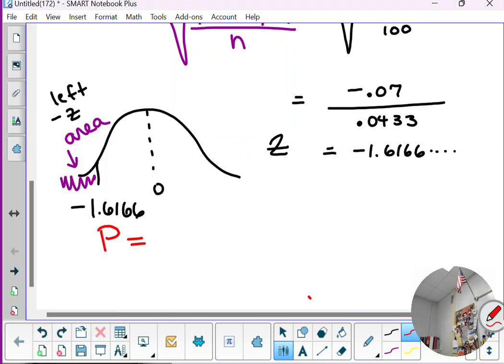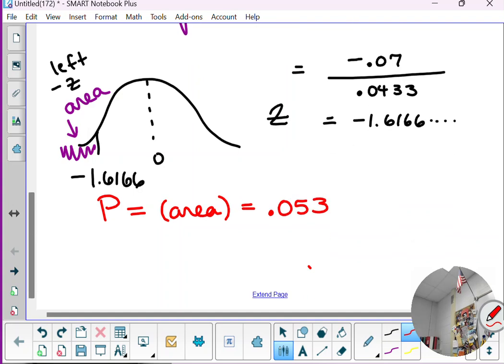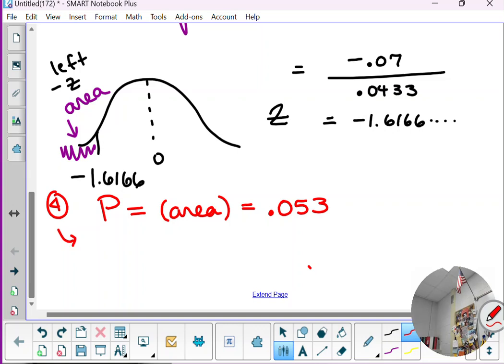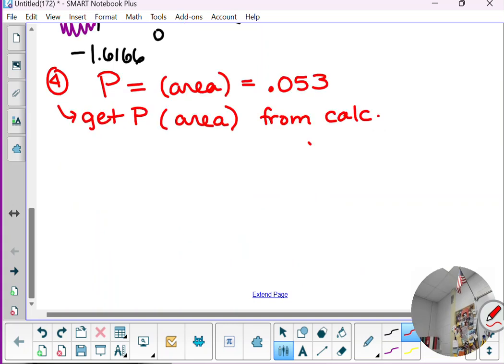So big P, which is the area, is 0.053. Calculate Z, step 4. Get that capital P, or that area, from the calculator.